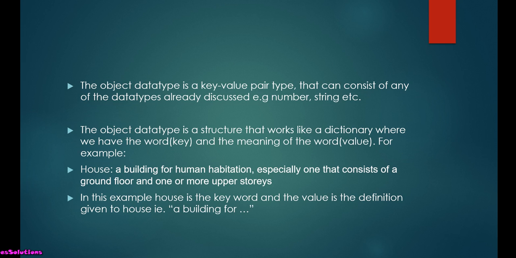The object data type works in such a structure. Also, just like the arrays, the object data type can consist of any type of data. It can consist of numbers, strings, objects, and arrays. That is how the object data type is structured. Now, this is an important data structure type, and it's important you understand this. For example, when we are working with algorithms, we use hash maps and hash tables.